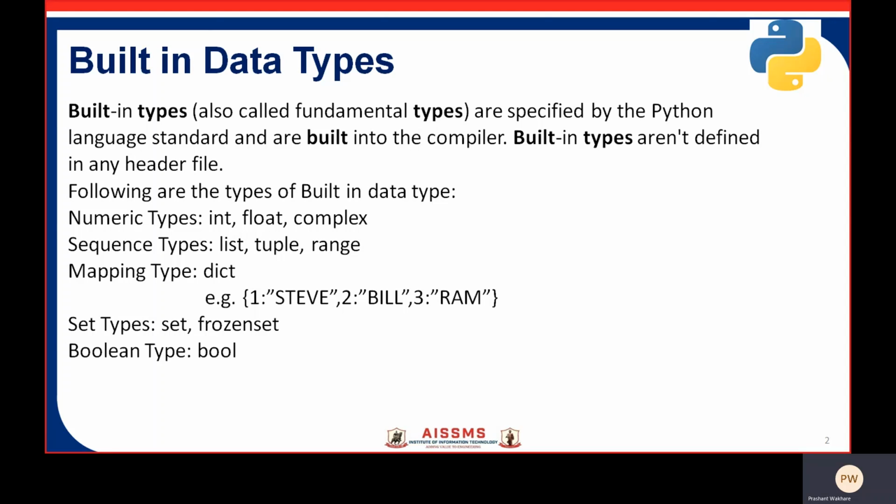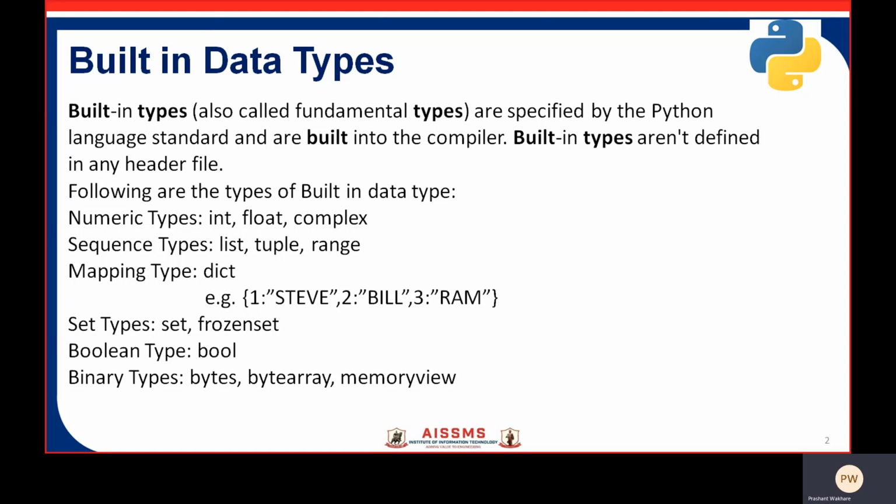The last one is the binary types. In binary types there are again bytes, bytearray and memoryview. The bytes and bytearray are used to manipulate binary data.